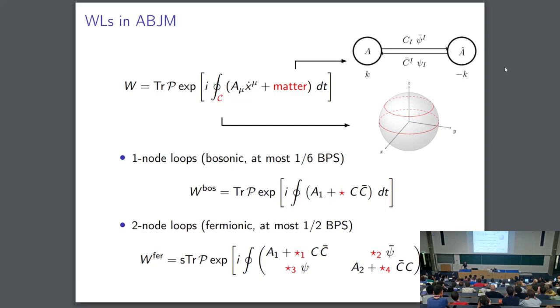And the type of operators that we can construct are either one-node loops or two nodes. The one node is bosonic. It's also called a bosonic operator, and it is at most 1/6 BPS. And to define it, we have one of the gauge fields. I took here, for instance, the gauge field on the left of this quiver.